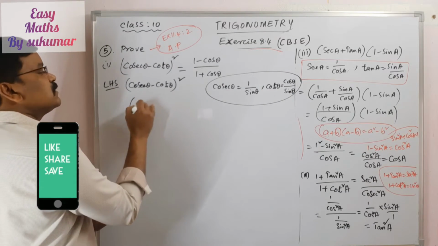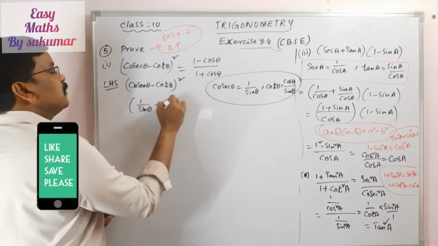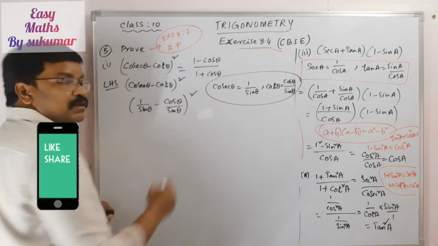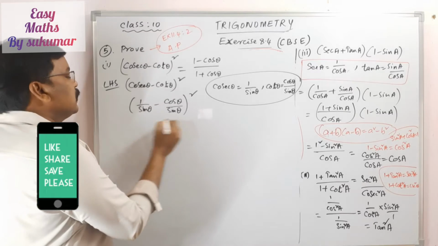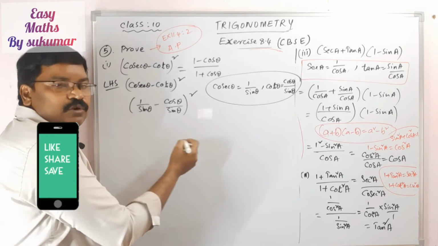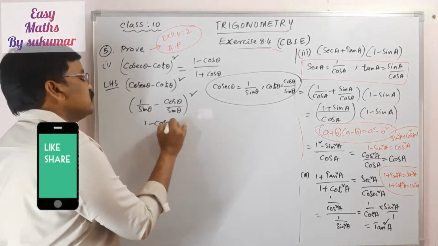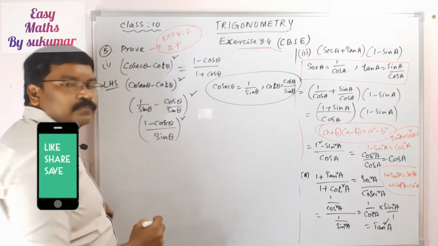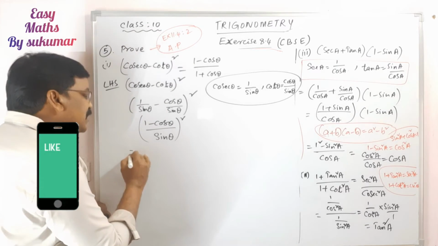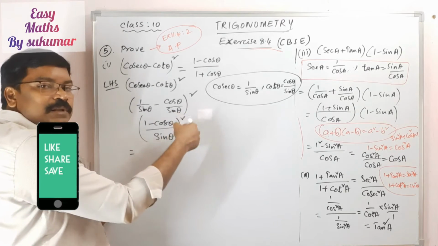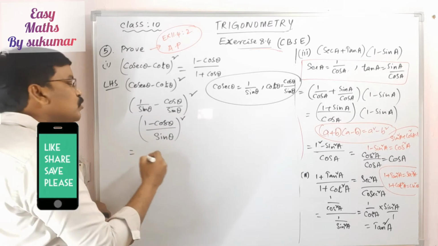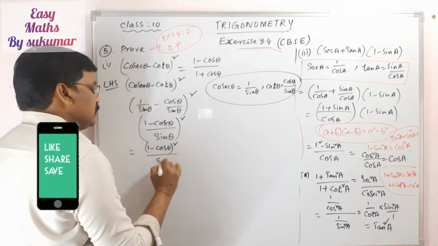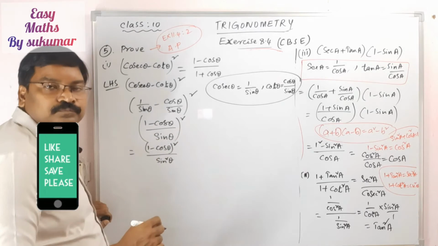That is 1 by sin theta minus cos theta by sin theta whole square. Look, sin theta is the same in both. That means 1 minus cos theta by sin theta whole square. Let us split this square to both numerator and denominator. That means 1 minus cos theta whole square by sin square theta.